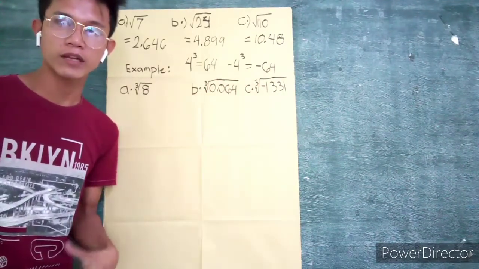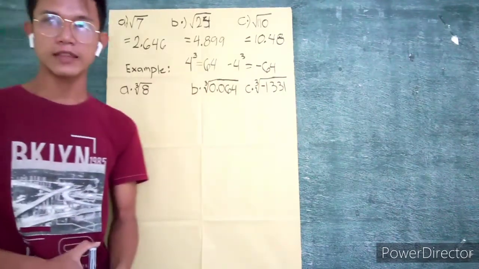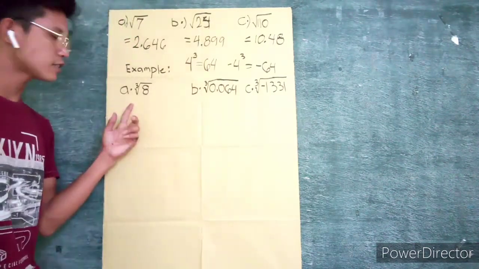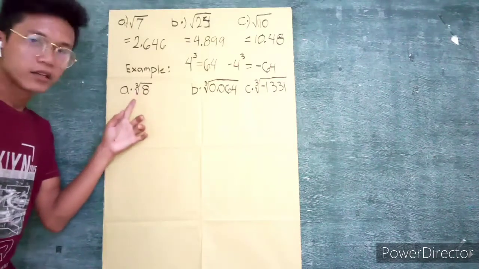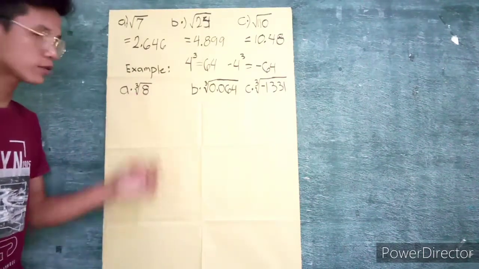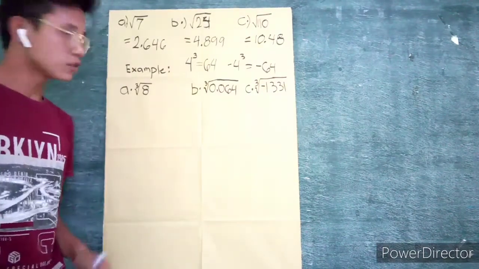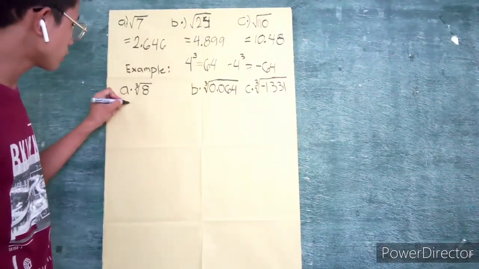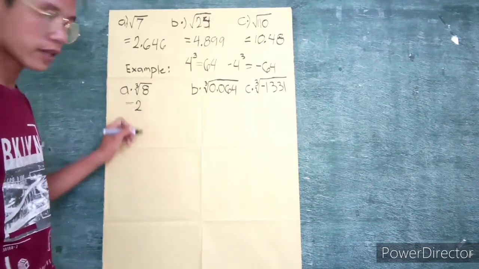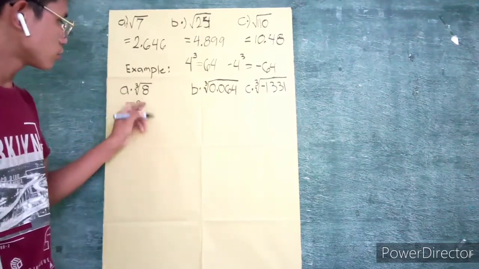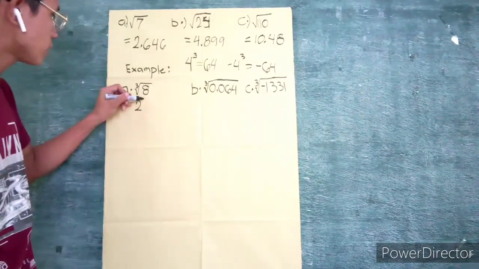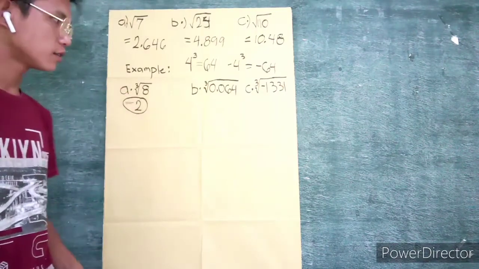Negative and positive when you are finding a cube root of that number, okay? Very good. So in this example, cube root of 8. So what is the value of cube root of 8? Okay, so that is 2, okay? Equals to 2. Why? Because 2 times 2, that is 4. 4 times 2, that is 8. Okay, so this is the final answer.